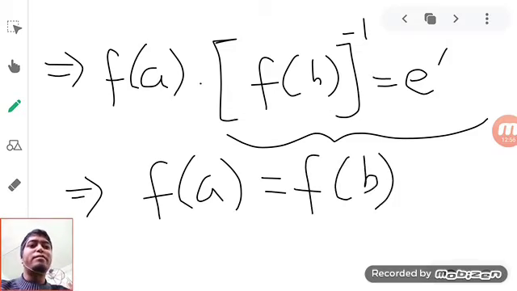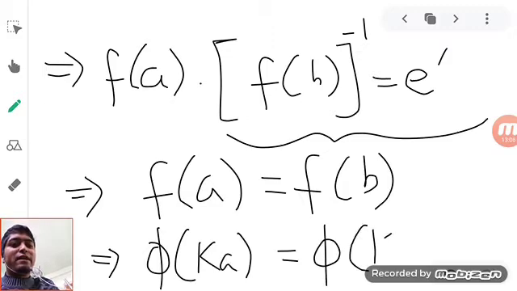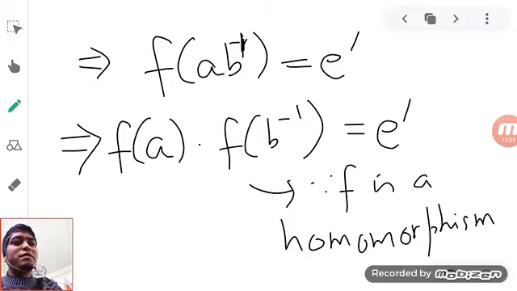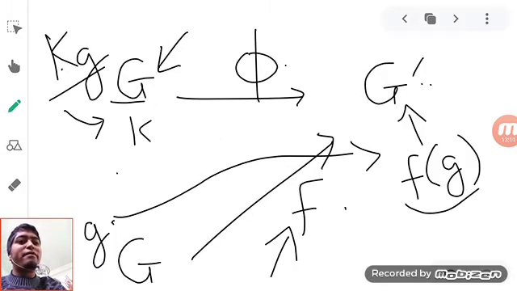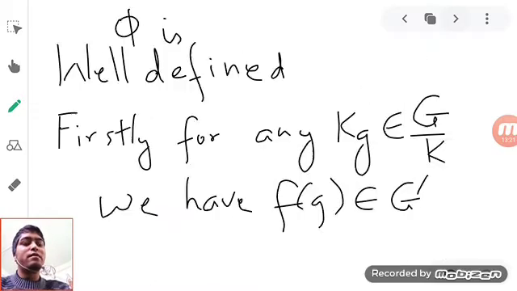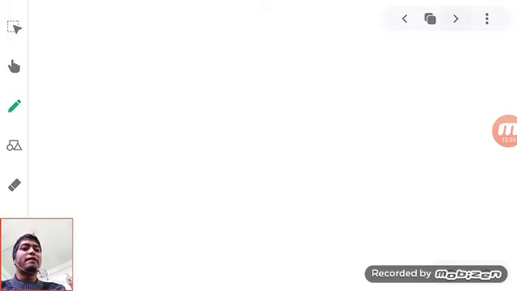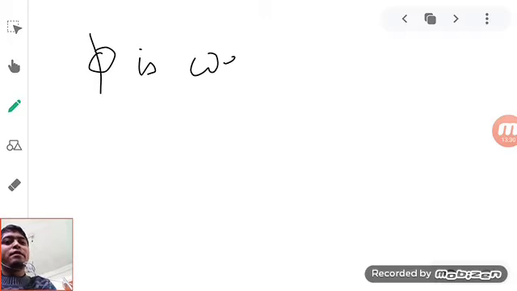But f(a) is equal to phi(Ka), and f(b) equals phi(Kb). How do I know this? It is because of the way that we have defined the function. Phi(Kg) = f(g). So phi(Ka) will also be equal to f(a), and phi(Kb) will also be equal to f(b). So phi is well defined. Once you have this stage, you can immediately say that phi is well defined.